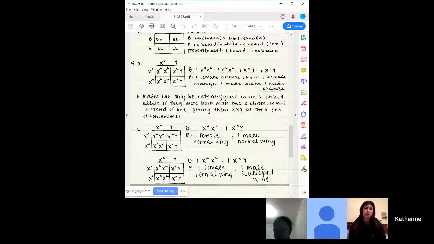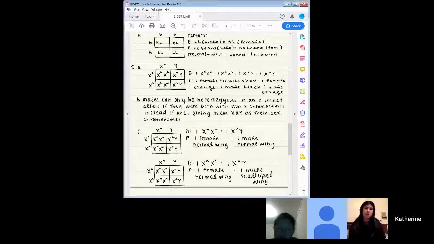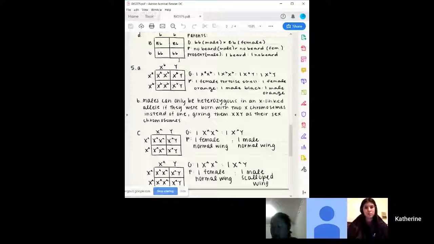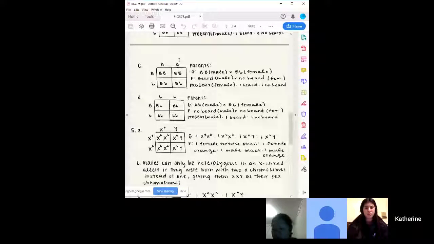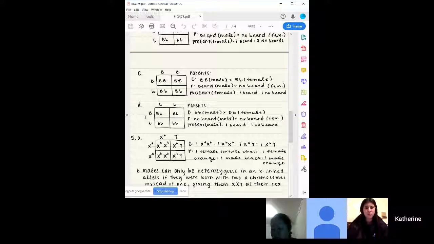Okay. And then D, suppose a male and female, both of which lack beards, produce a 1 beard to 1 no beard ratio among the male offspring. What are the genotypes of the parents? I guess here's D. That was kind of the same thing for me.